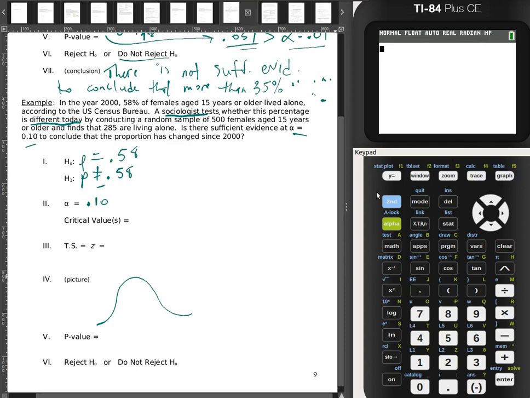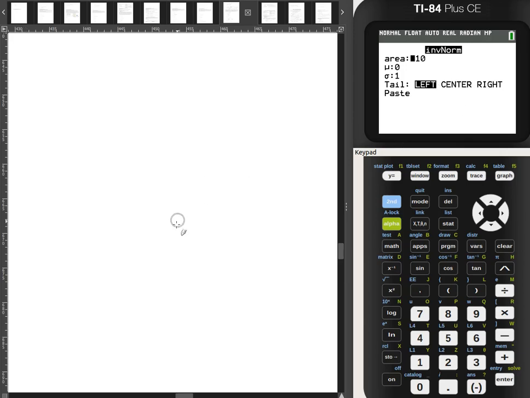Now, we come to the inverse normal, and we want this area of 0.1 to be evenly split between the two tails. So we want each tail to have an area which is half of that, 0.1 divided by 2, which is 0.05. So I find the critical value by making the area to the left be 0.05.